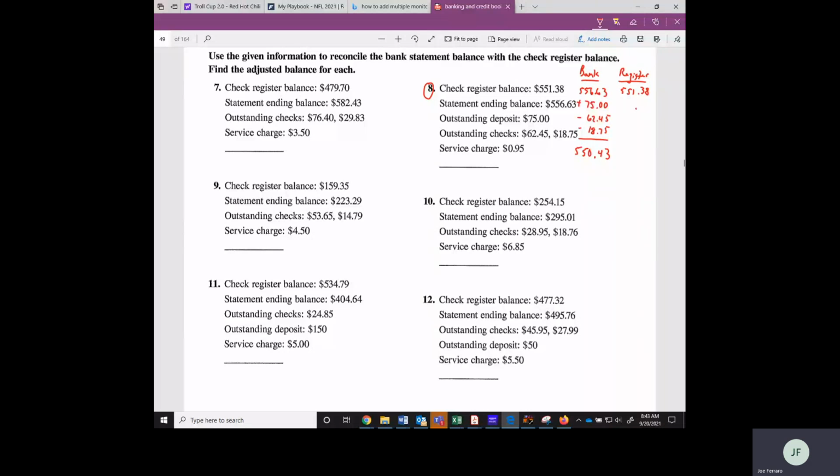But we're missing the service charge of just 95 cents. So subtraction: you type in 551.38 minus 0.95, and there you go. That's your adjusted balance for each.